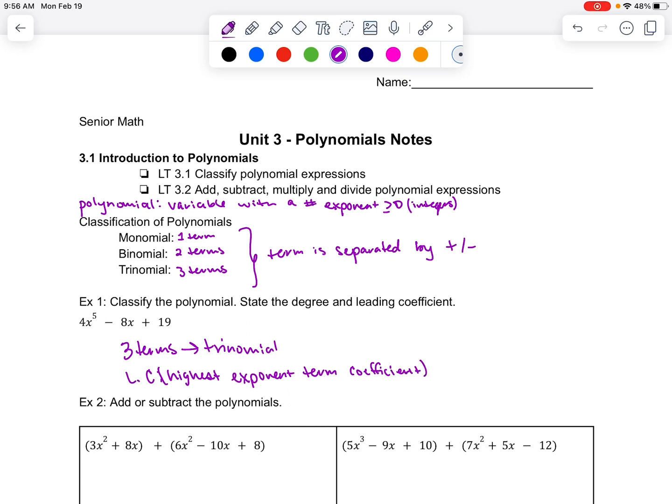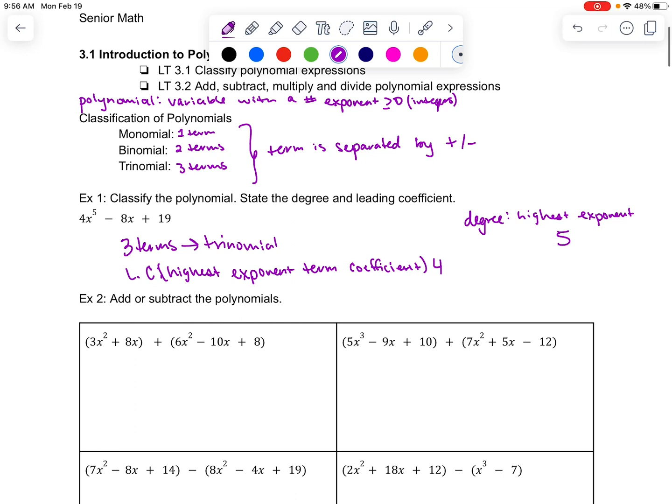Okay, so that is going to be the 4, and the degree, this is your highest exponent, which in our situation is 5. Okay? Don't overthink these, but again, it needs to be in standard form in order for you to have that. We can go through and classify a couple of these when we're adding and subtracting to get a better feel for the classifications.